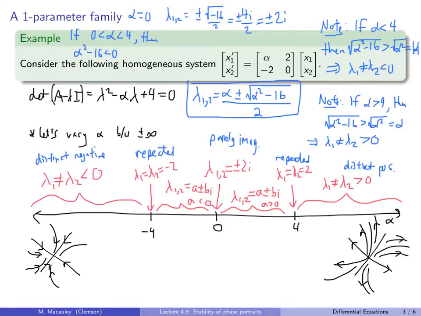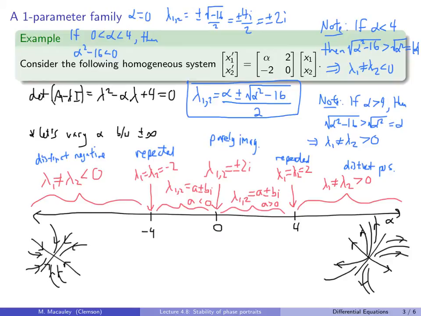Think of alpha as being a parameter. As we tune alpha over here, we're changing the specific eigenvectors, the direction, and also the bend of these lines ever so slightly. But then sometimes we hit these thresholds where we go from here. We have this improper node.